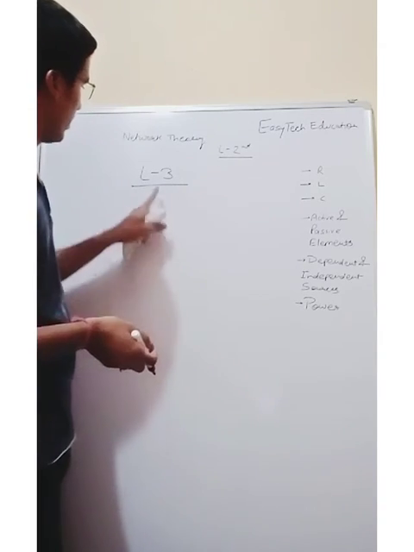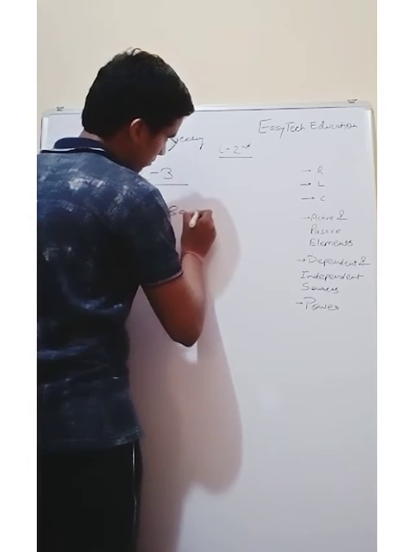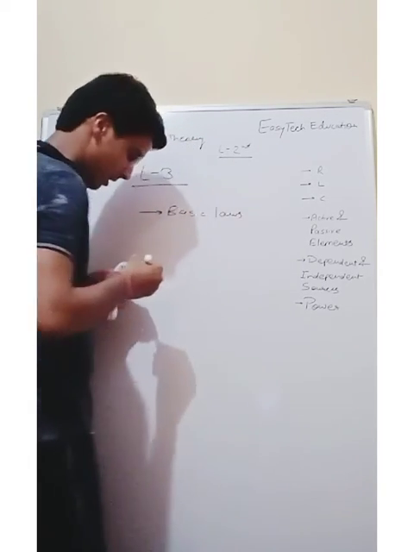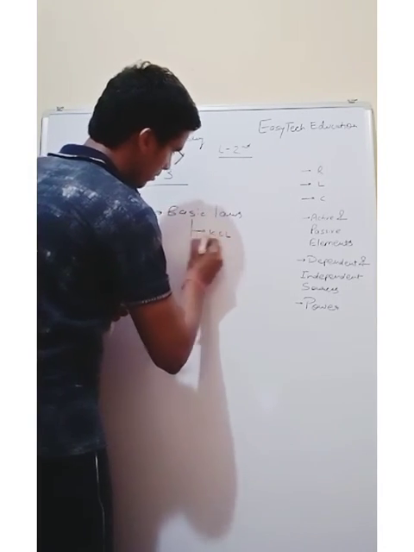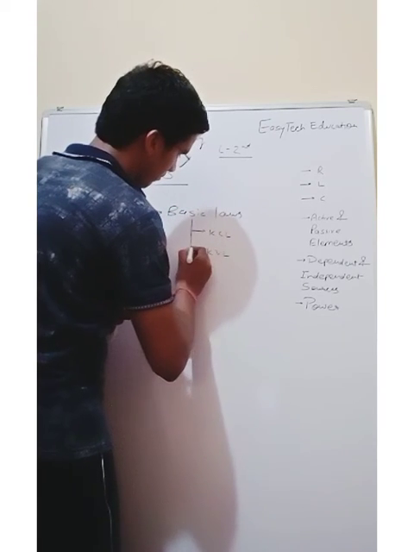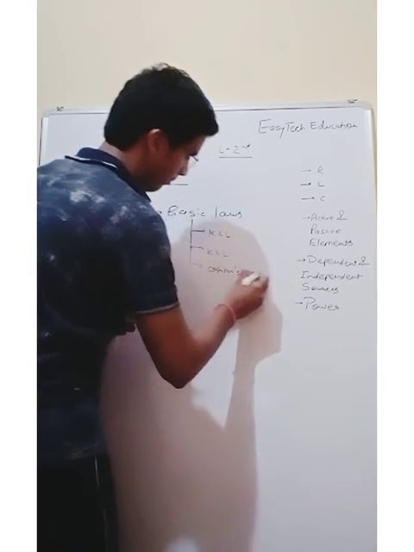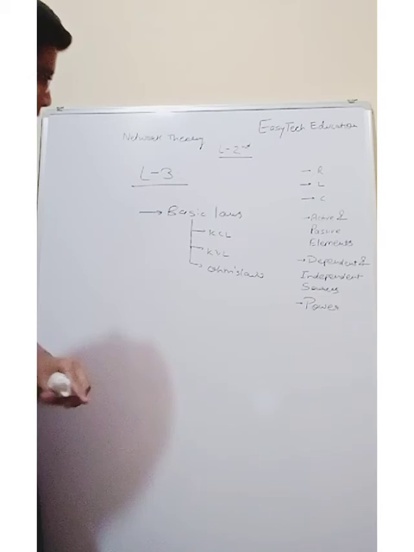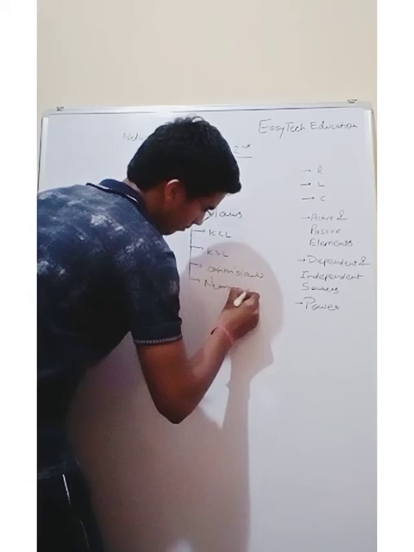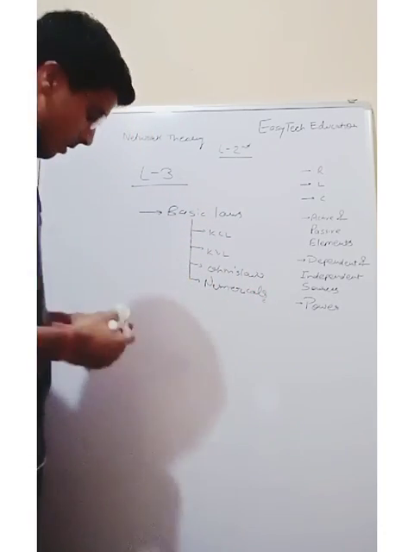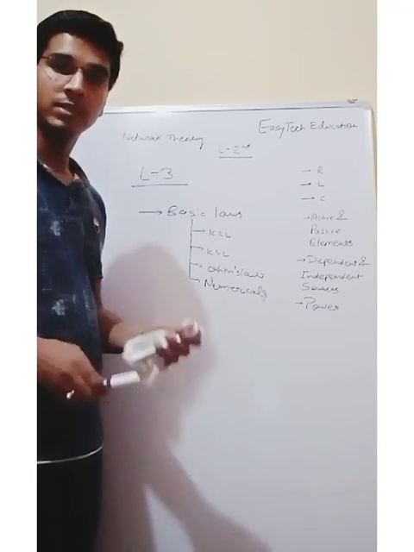In lecture number 3 we will discuss basic laws, which include KCL, KVL, and Ohm's law, and numericals. We will deal with the numericals based on KCL, KVL, and Ohm's law. We will teach all the numericals.